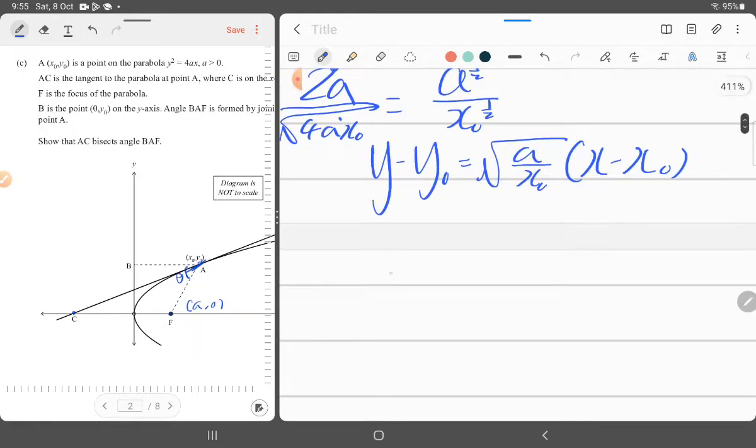Then we know that this point, negative y0, is equal to the square root of a over x0, x take away x0.